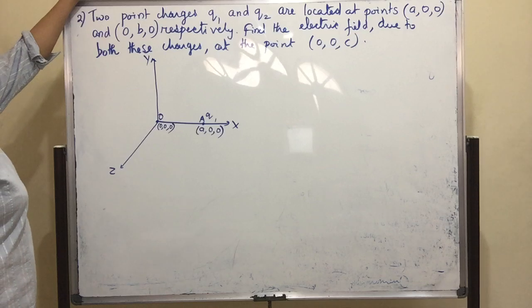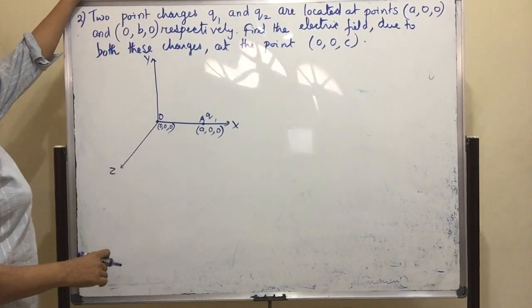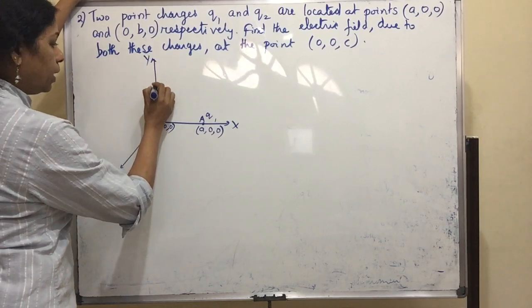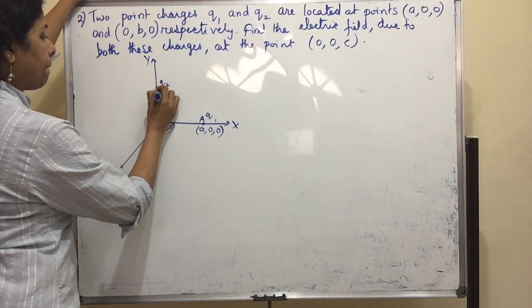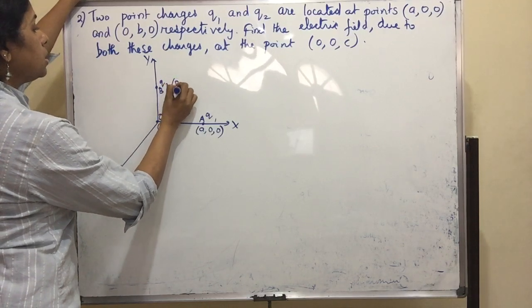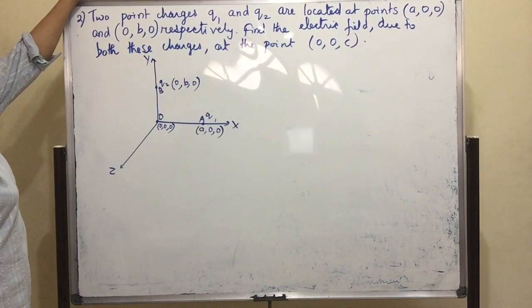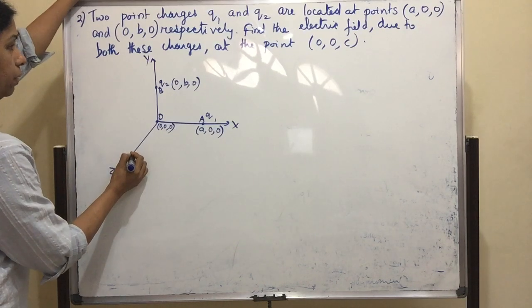Now, what about the charge Q2? From the coordinates it is very clear that it is on the y-axis. So, I will choose somewhere here, that is charge Q2 at B. The coordinates are (0, B, 0). Now, you are asked to find the electric field due to both these charges at a point.